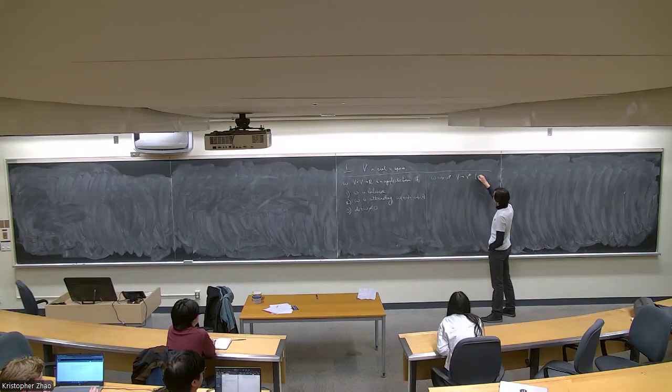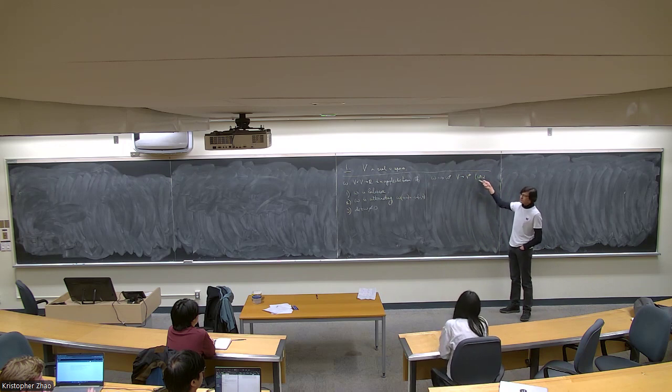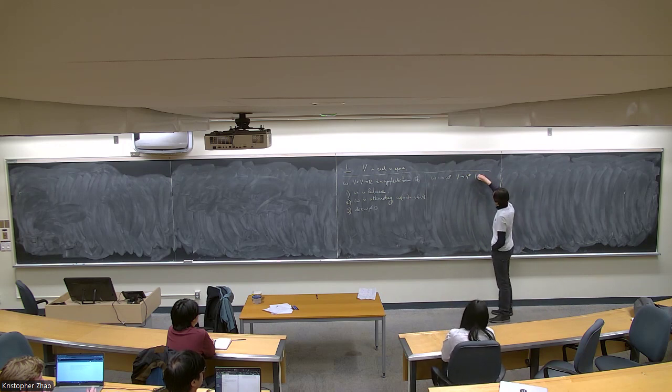We just say omega sharp of v, where v is a vector in V, should be a linear functional on V. We define this linear functional to evaluate on w as omega of v, w.